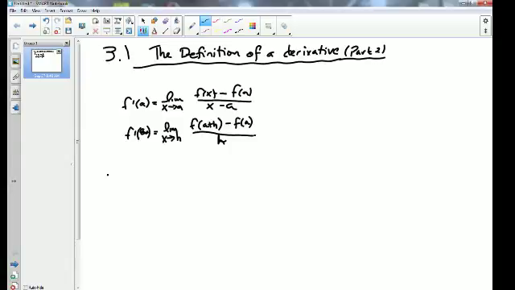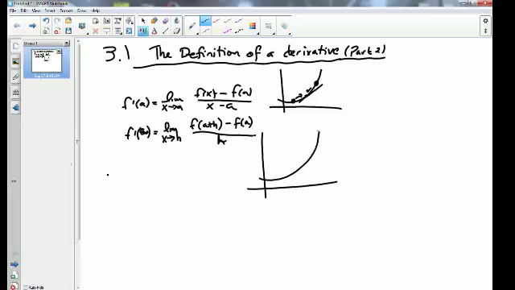Let me explain the difference between the two. With the first one, we're bringing these points together, as close as possible, to get a tangent line slope. With the second one, h is the distance between the two.